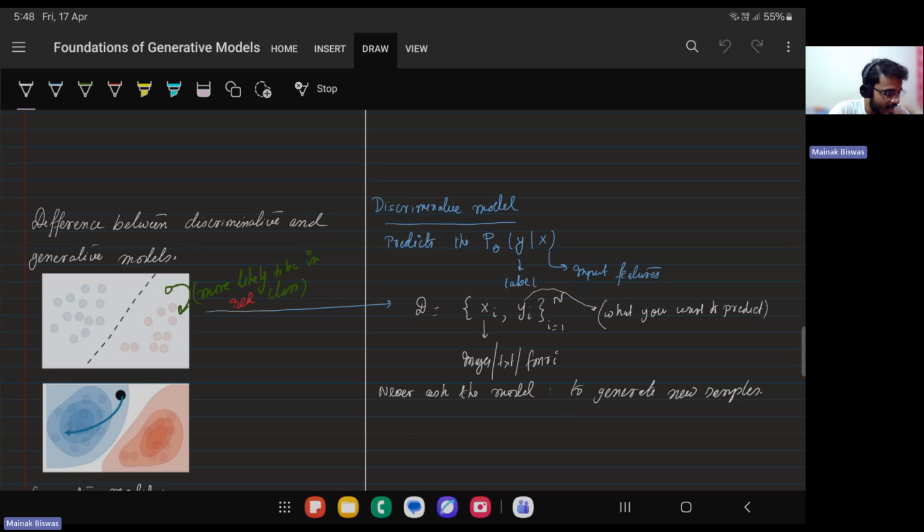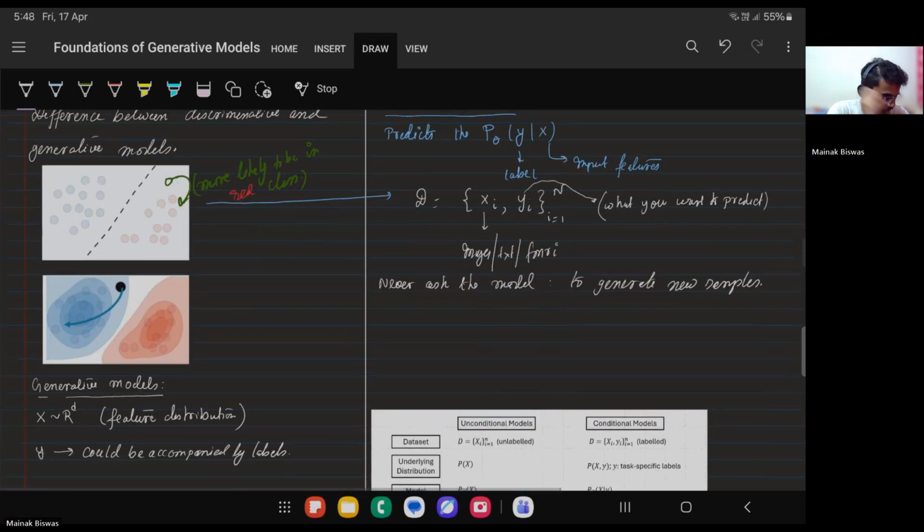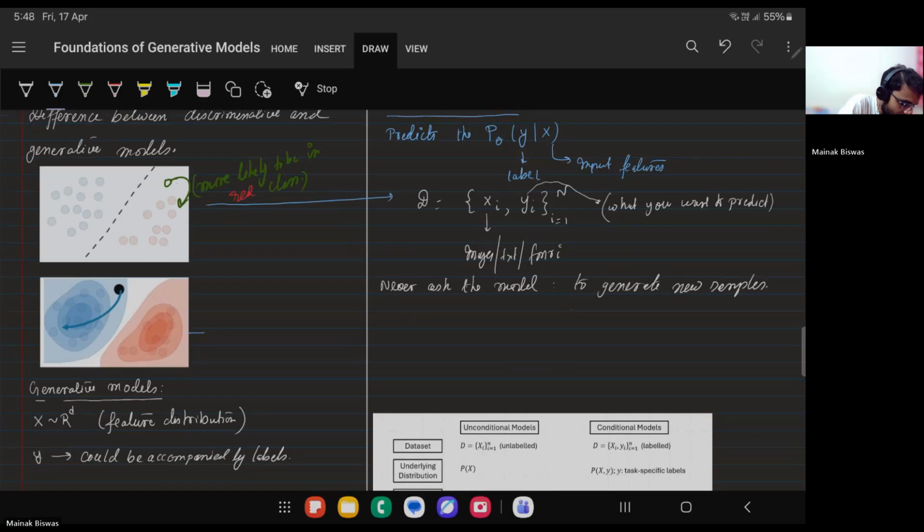On the other hand, if you see this type of a model, this is called a generative model, whereas the discriminative model just draws this decision boundary.